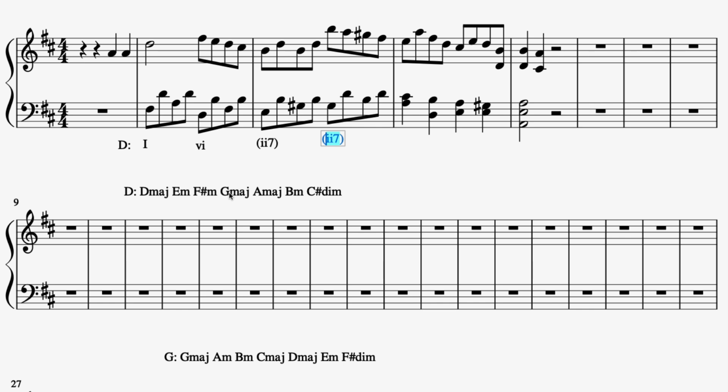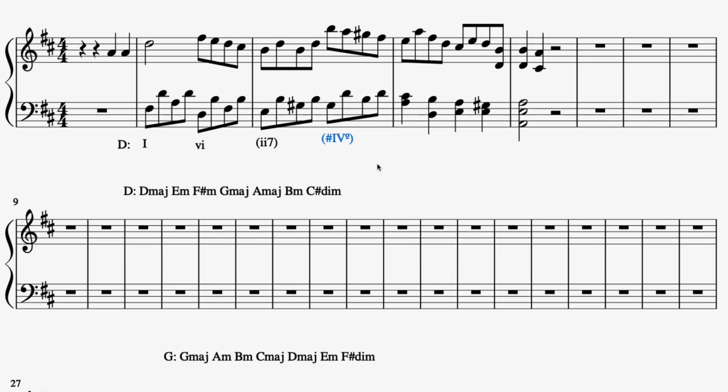We don't even have a G sharp in our key. So what we would call that, if we had to call it something in the key of D, is a sharped 4 diminished. And that makes very, very little sense, right? This means the root isn't even in the key. So we're clearly not in the same key anymore. Once you have 2 chords out of key and one of them is super out of key, then you start to say, wait a minute, I'm not in the right key anymore.